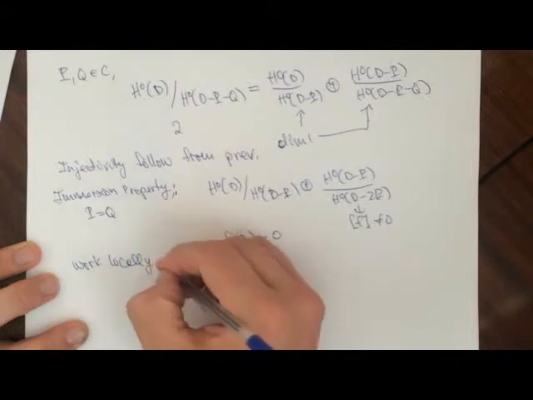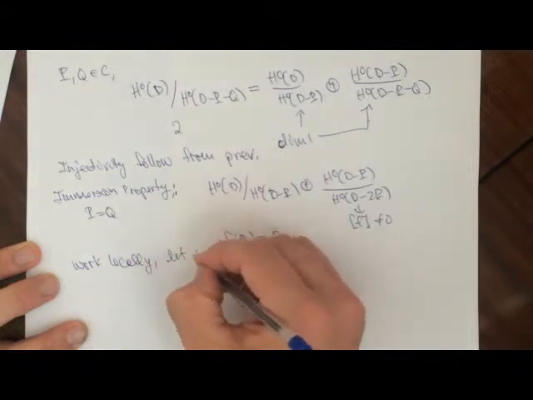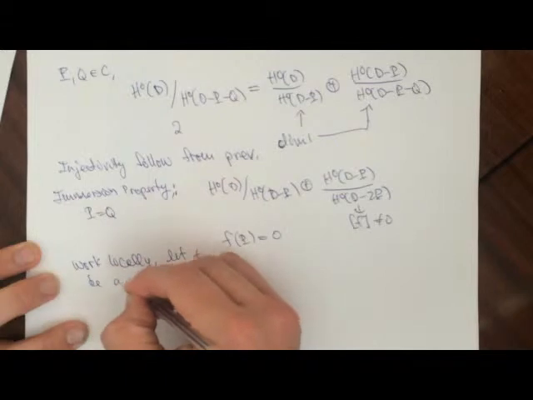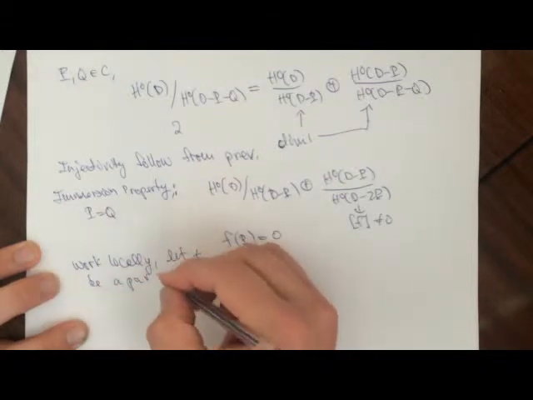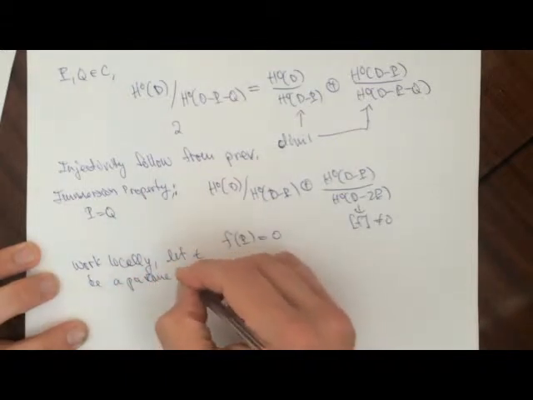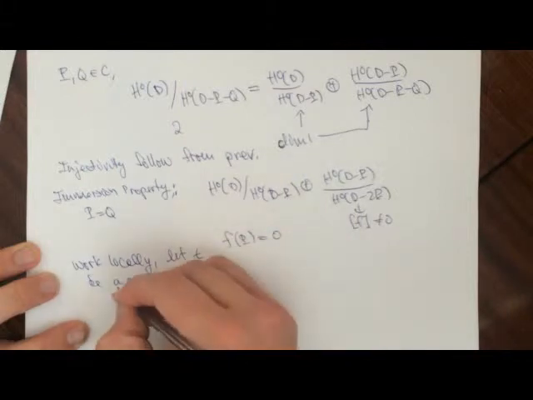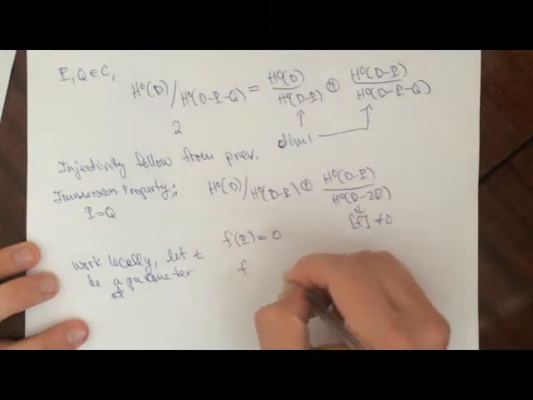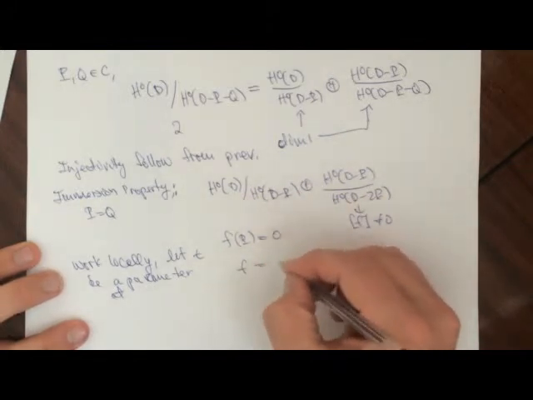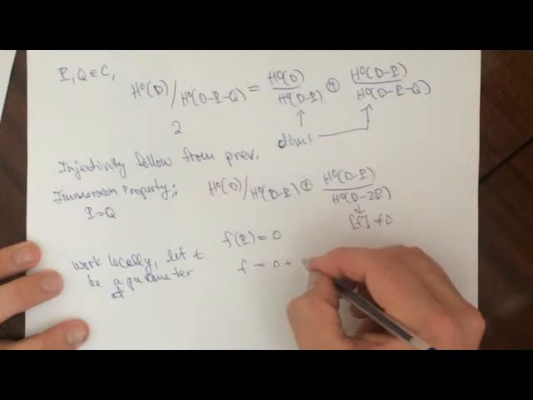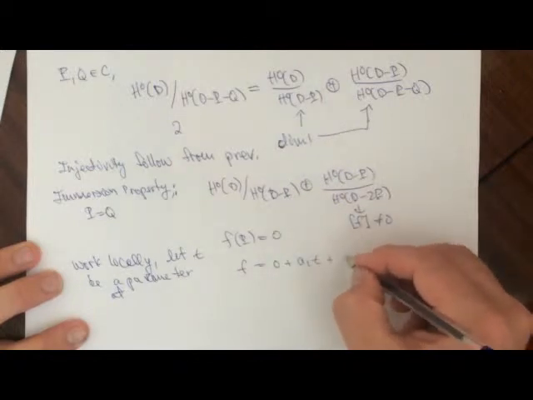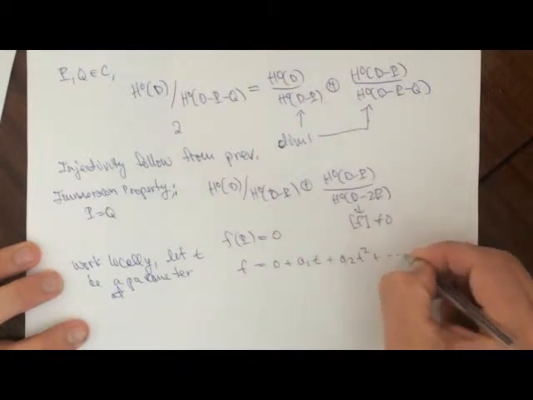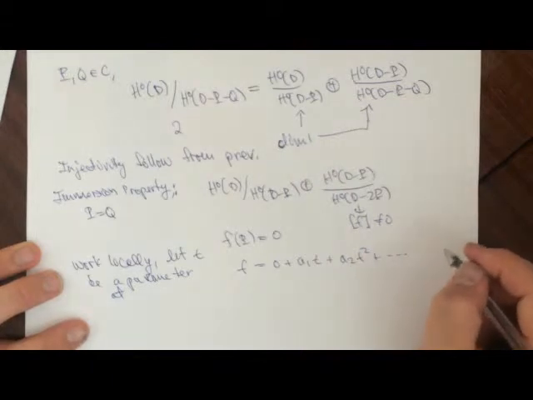Let t be a parameter at p, a local parameter, and then we can expand f in a power series as 0 plus a1 t plus a2 t squared plus whatever.